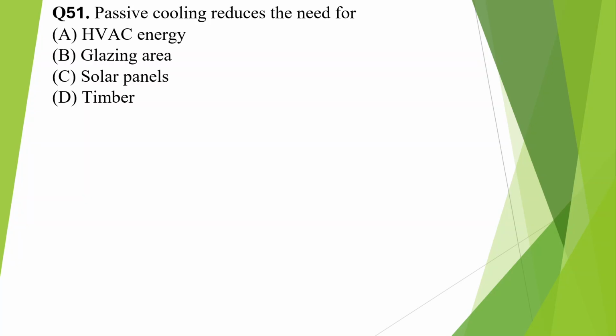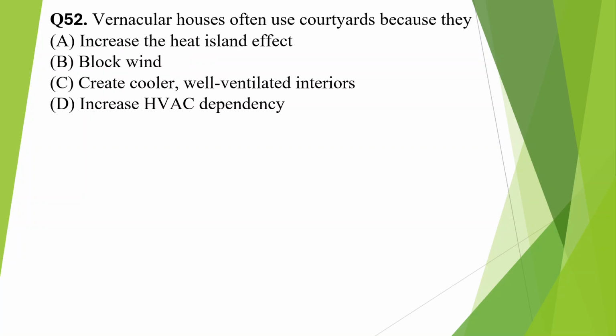That is the correct answer, because passive cooling will be decreasing the load on mechanical cooling systems. Overall HVAC energy will be getting reduced. So let us move to question number 52, which is asking you all about the vernacular houses often use courtyard because they.